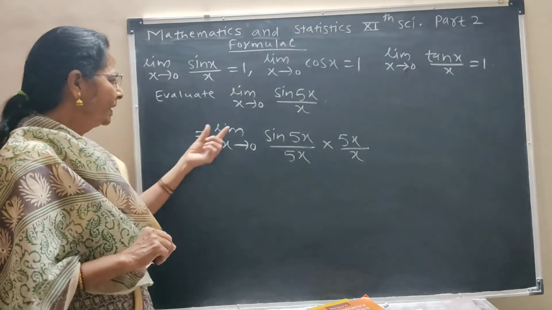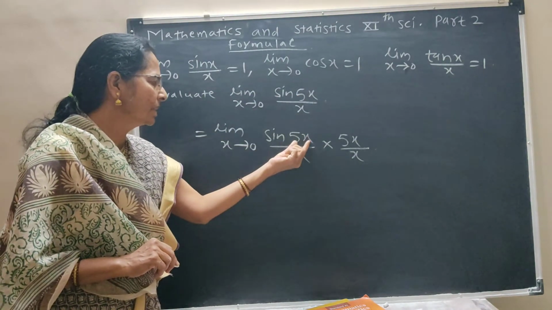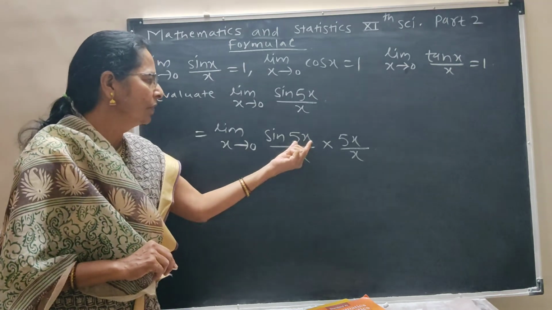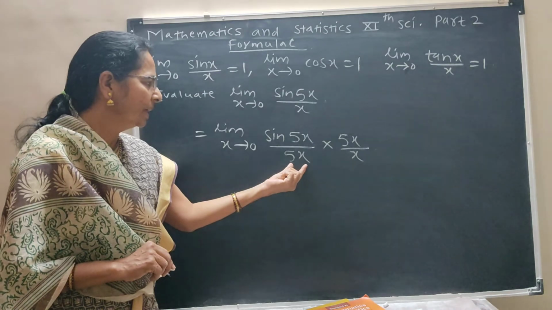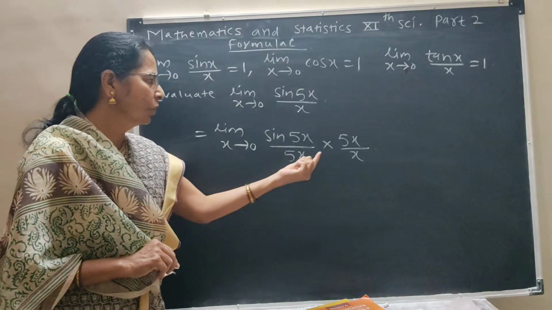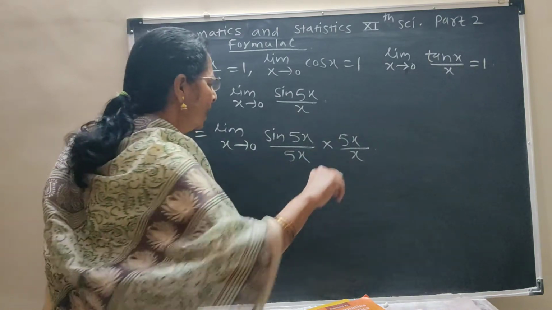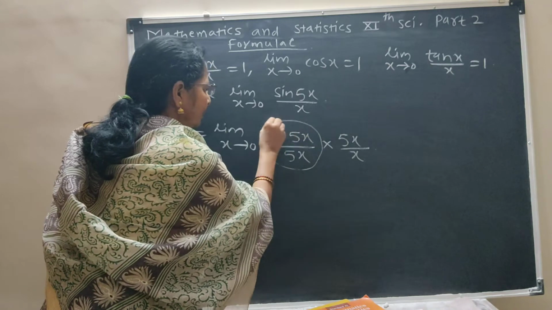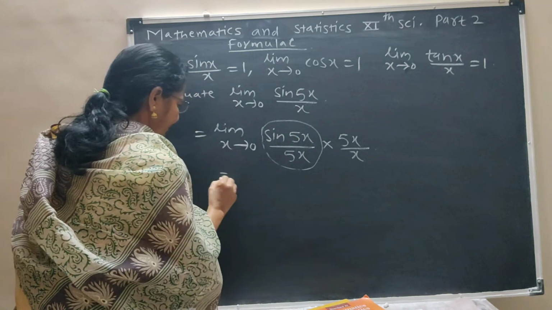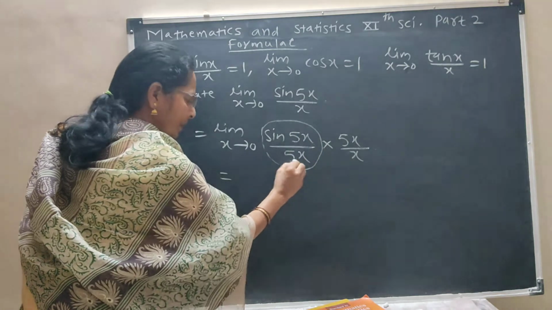Once again, limit as x tends to 0, sin 5x is here, so 5x. Take this same value at the denominator, so multiply by 5x and take the remaining value x. The value of sin 5x upon 5x is 1.